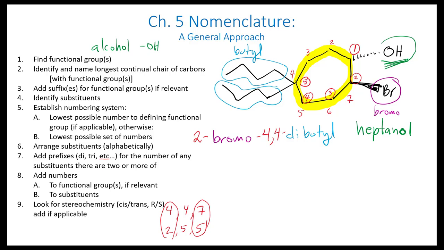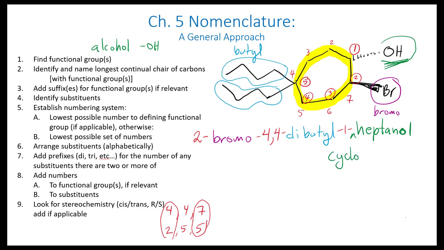And in this case, to be absolutely correct, we want to put the 1 for heptanol. Although it's worth noting that sometimes you wouldn't see the 1 for the heptanol, because if it's a ring, which means it shouldn't be heptanol, should it? It should be cycloheptanol.